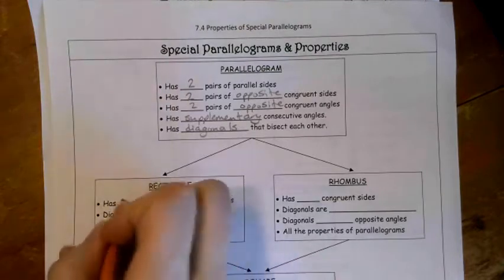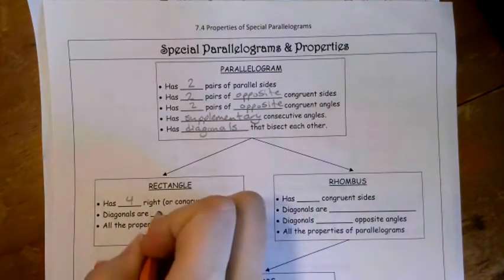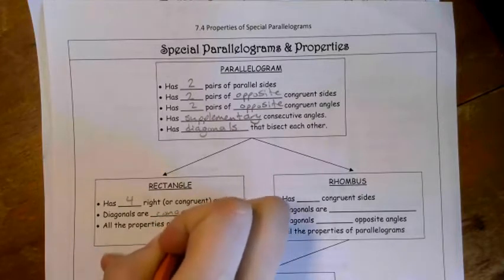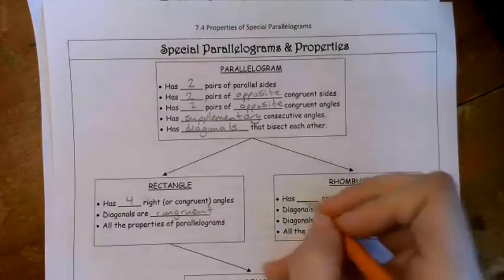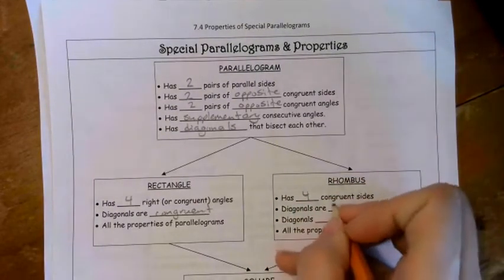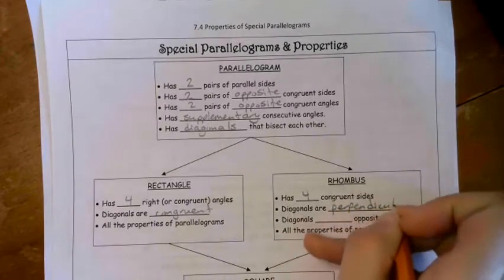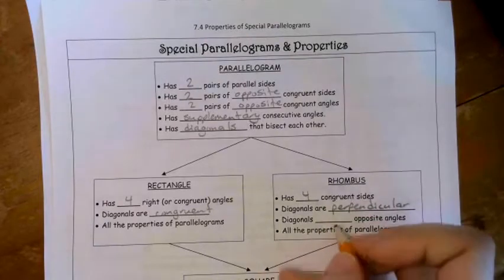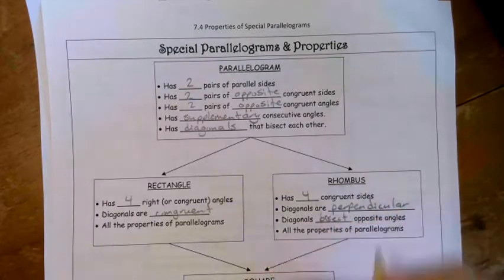A rectangle has four right or congruent angles, and the diagonals are congruent. A rhombus has four congruent sides. The diagonals are perpendicular. And the diagonals bisect opposite angles.